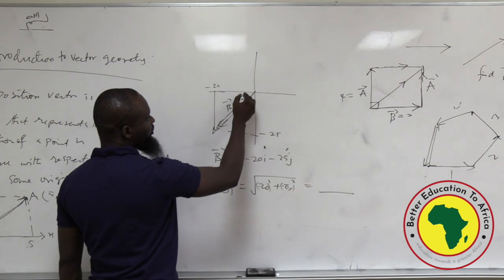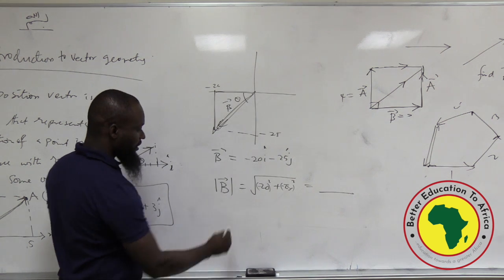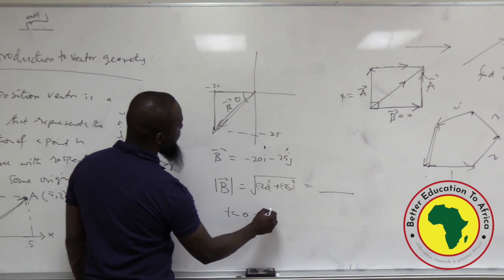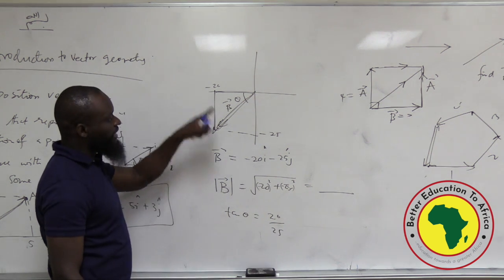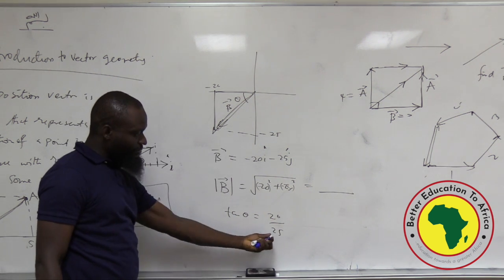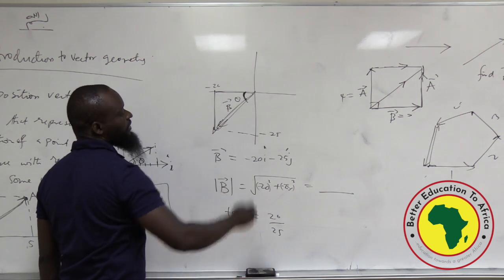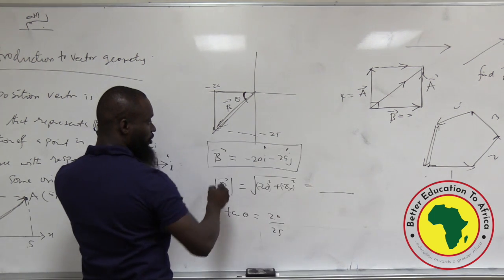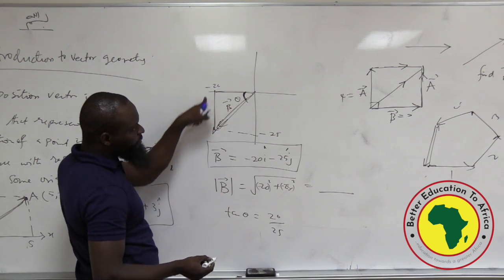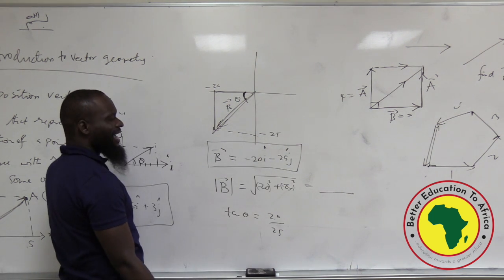Then if you want to get the direction, you can easily get your theta because you know your x, your y. You can use your tan. Okay, you say tan theta is x 20 over y 25. So don't use the minus. Just use the numbers, because you can draw the geometrical part. So if you want to get an angle from a position vector, it is better you draw out the position vector, because if you use minus minus, sometimes your calculator will tell you it's an error or you can't get the answer.